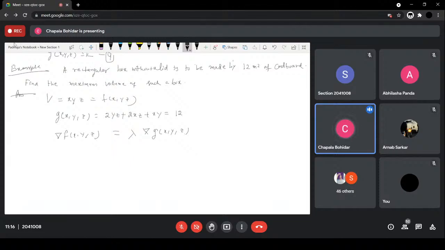By comparing the components, we get del f by del x is equal to lambda into del g by del x, so fx is equal to lambda into gx, fy is equal to lambda into gy, fz is equal to lambda into gz.